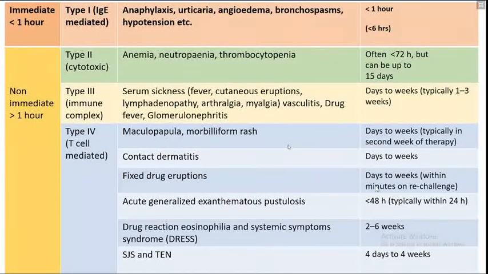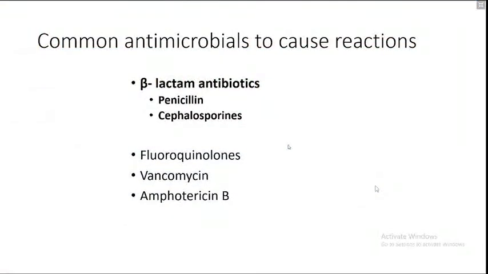So I'm not going into details of the different types of hypersensitivity reaction. Right, so we will discuss what are the common antimicrobials to cause reactions. Mostly the beta-lactams, because they are the most commonly used class of antibiotics, the penicillins and the cephalosporins. So they most commonly cause hypersensitivity reactions.